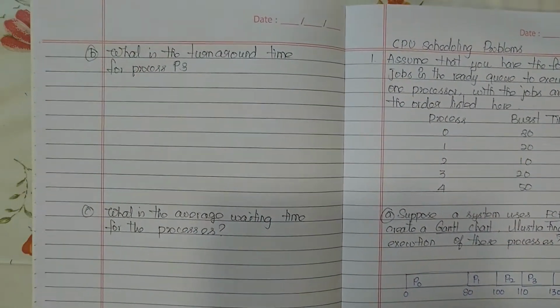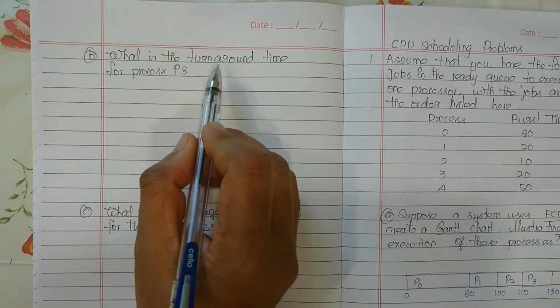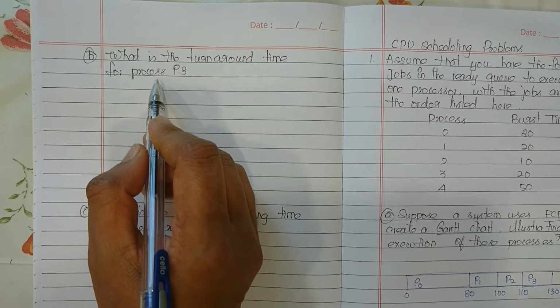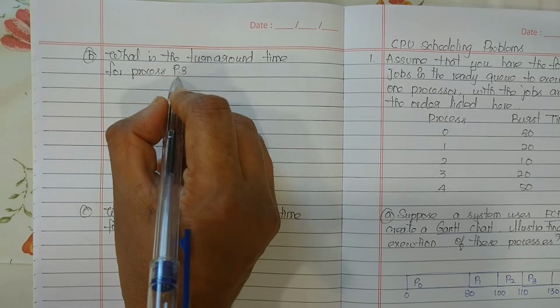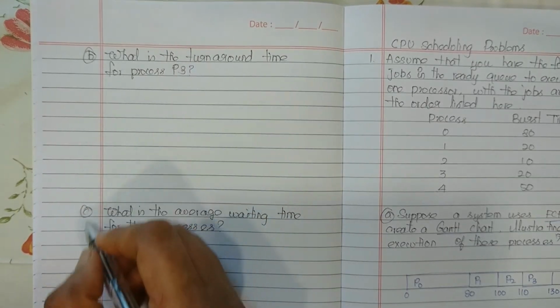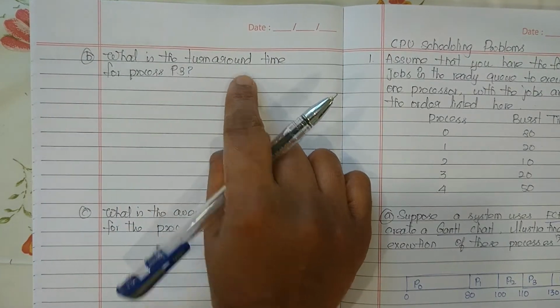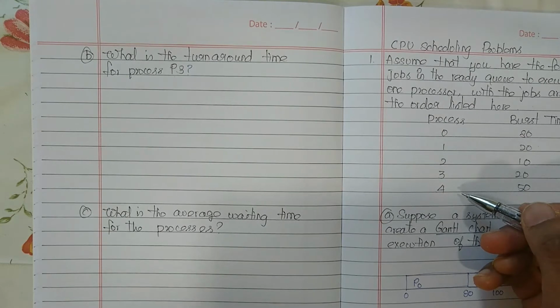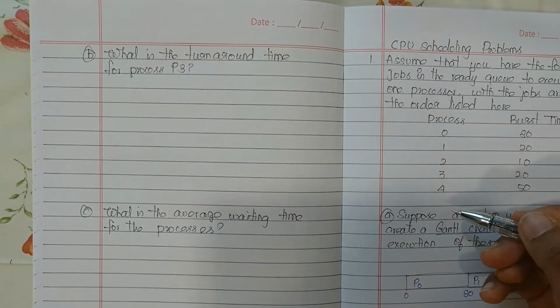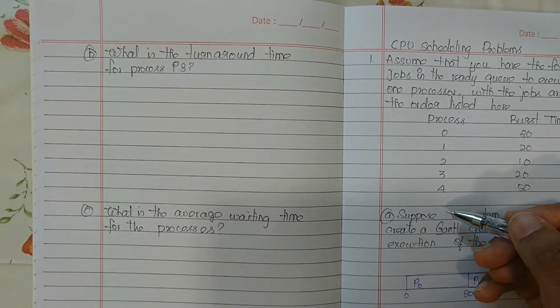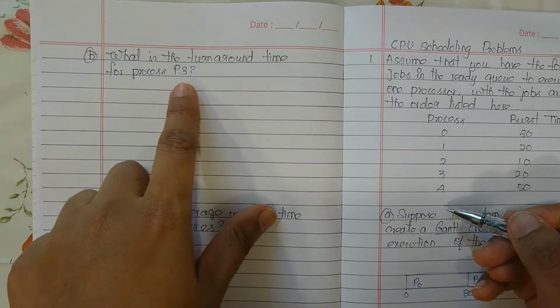The next question is, what is the turnaround time for process P3? Now I'm not going to go for process P3 only. I'm going to explain how to compute the turnaround time for all the processes, and we will be computing the average turnaround time, and then we will go back to this question.